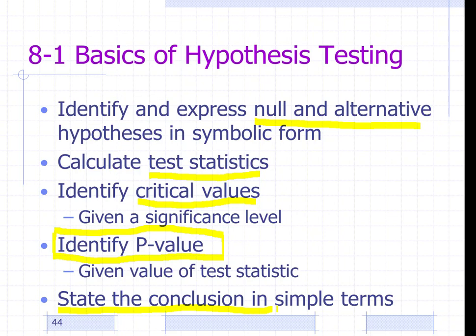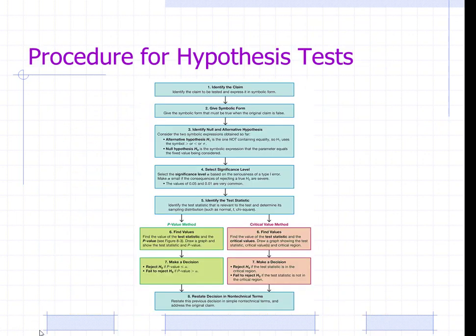But here's the biggest part. We want to state the conclusion in simple terms that anybody can understand. And this is in your book on page 360, and it's a wonderful way to remember what we do. We're going to go down this list. We are mostly going to find the p-value.